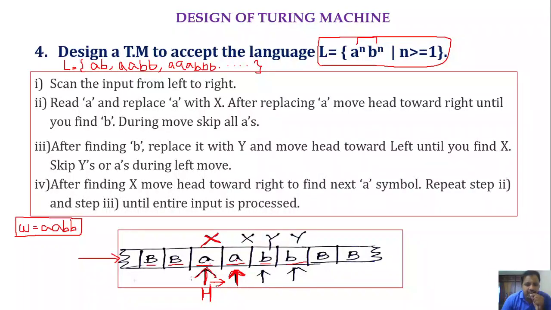That means I keep that a as it is and move the head towards the right. When I moved the head towards the right, I found the symbol b. The moment I find this b, I replace that b with capital Y.